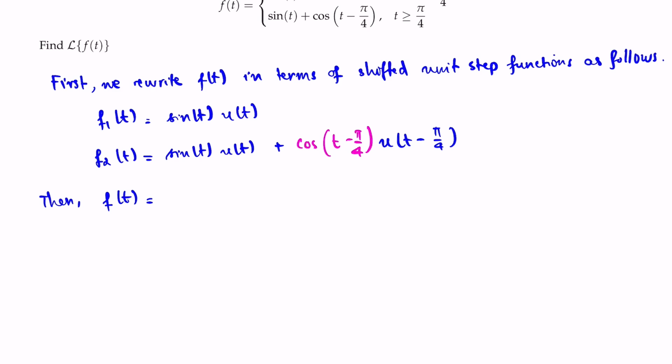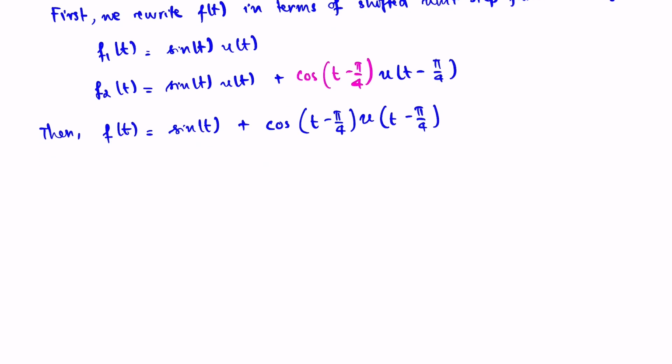Okay, so the function f of t is equal to sine of t plus cosine of t minus pi over 4 times u of t minus pi over 4. As I mentioned above, you can write down u of t, or you don't have to write down u of t. So apply the Laplace transform.